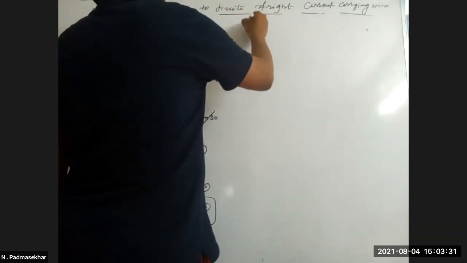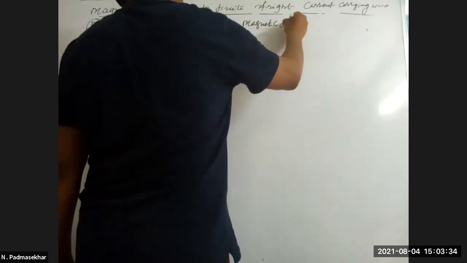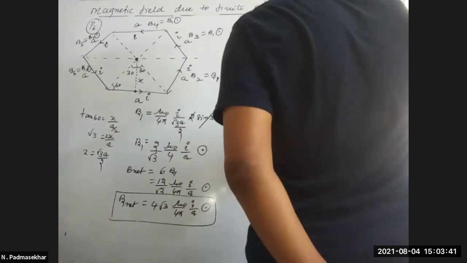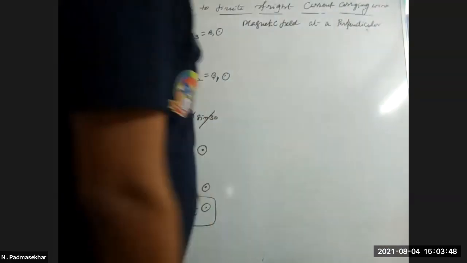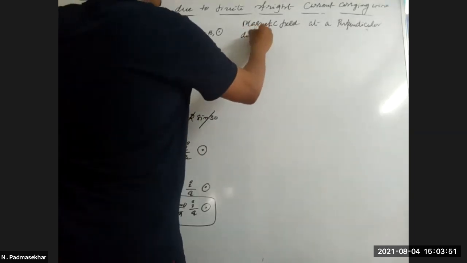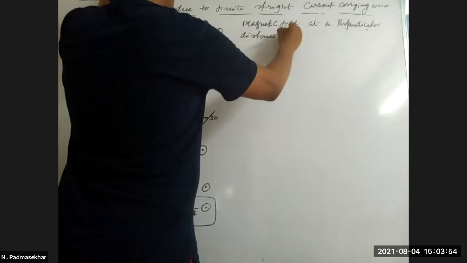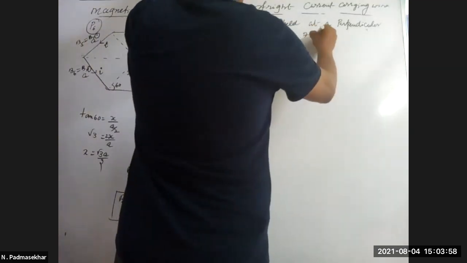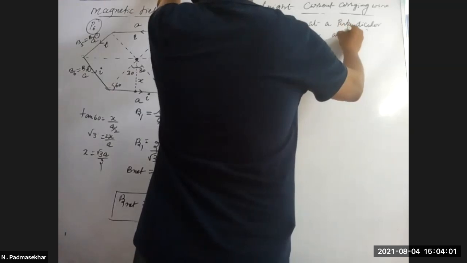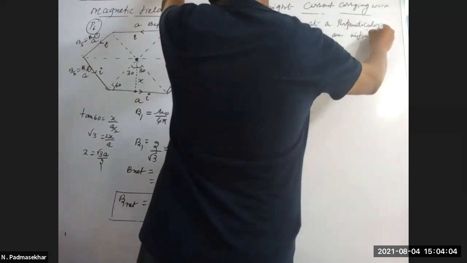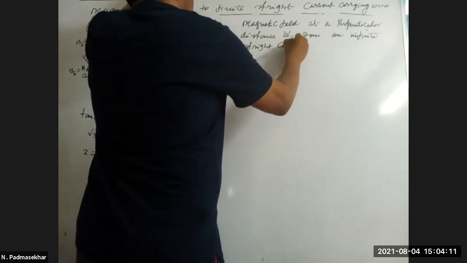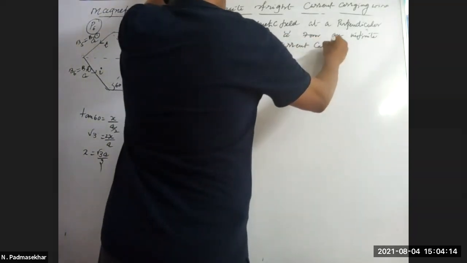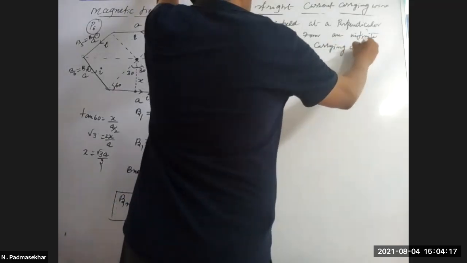the magnetic field at a perpendicular distance A from an infinite straight current carrying wire.